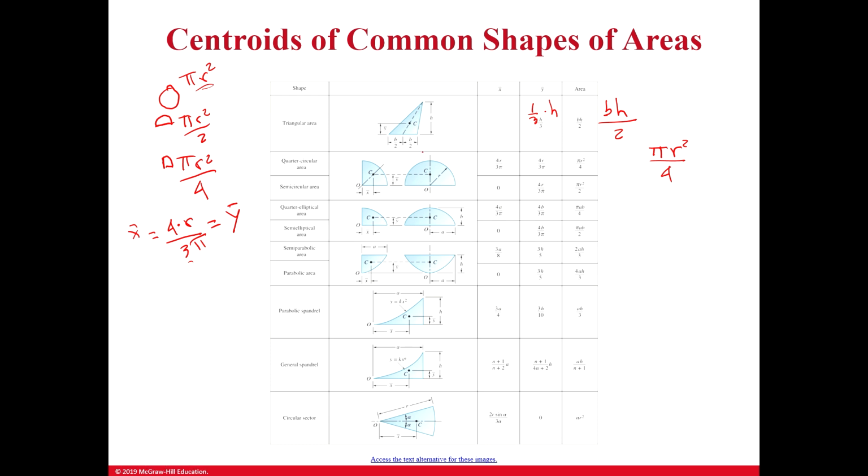So when you multiply these two things, I'm going to find out if there's a typo or not. The moment in y is going to be y times the area. So it's 3h divided by 10 times ah divided by 3. Yeah, so ah divided by 10.